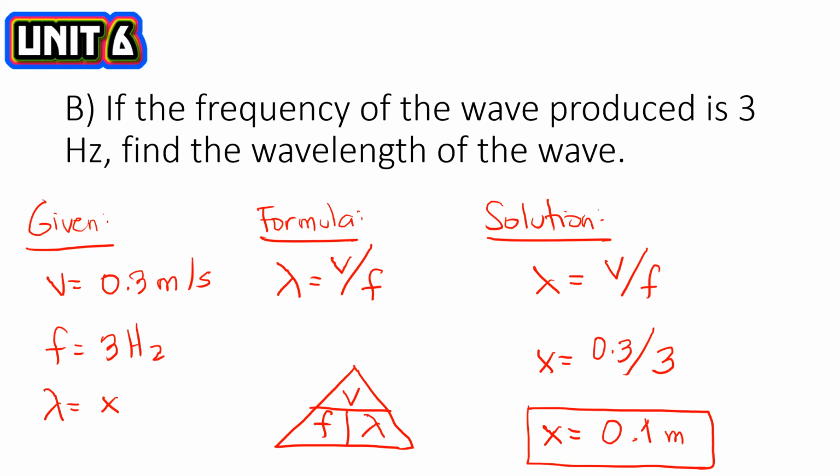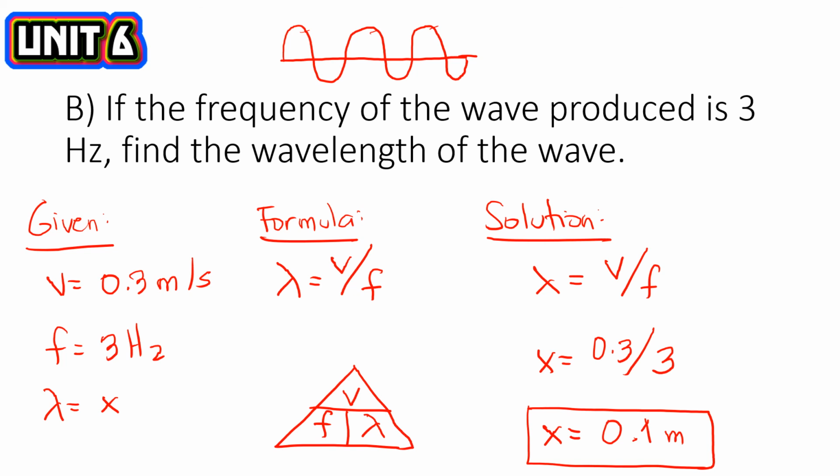So in our scenario, if your wave is traveling 1.2 meters in 4 seconds, that means every second it travels around 0.3 meters, right? So if this is 1 second, we have here 1, 2, 3 hertz, because there are 3 crests here.